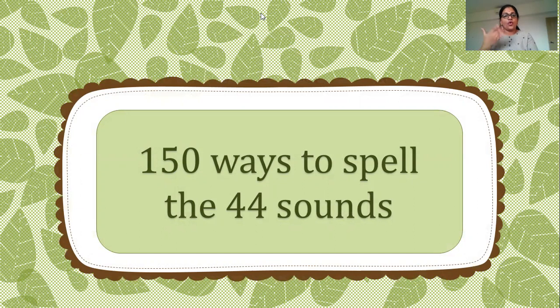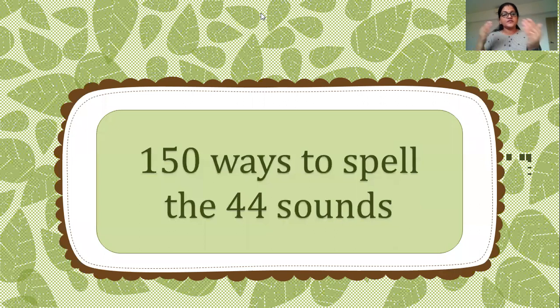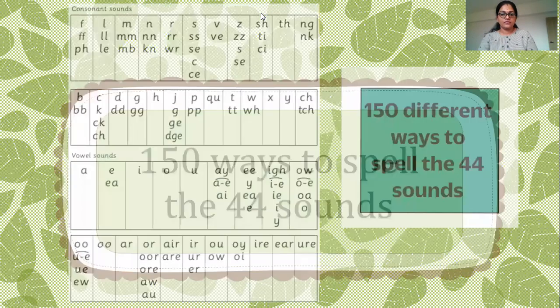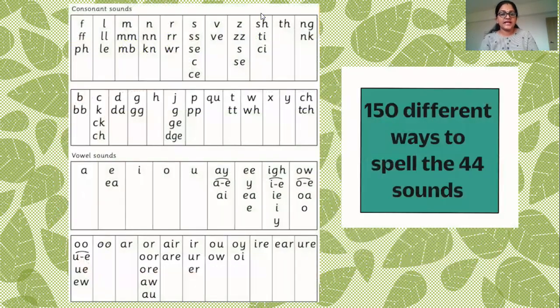All right. Now what are we going to see? The 150 different ways to spell, or the spelling patterns of the sounds. So this is exactly what I was talking about. If we look at each and every sound, for example, here we have the letter C. What is the sound of the letter C?